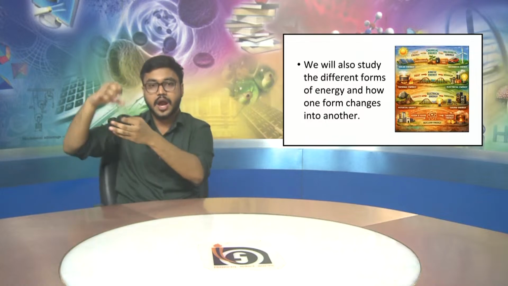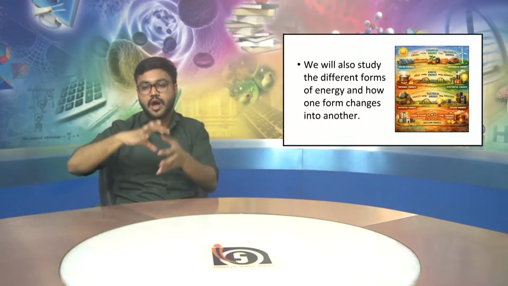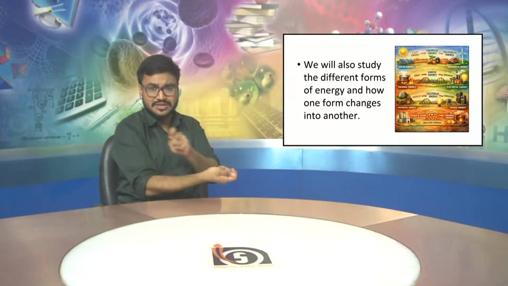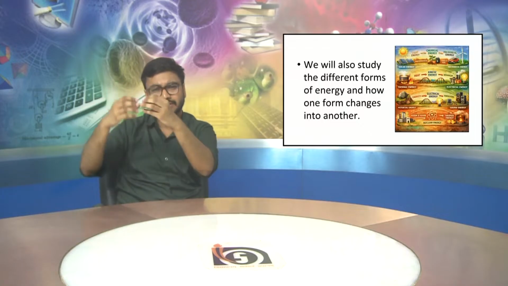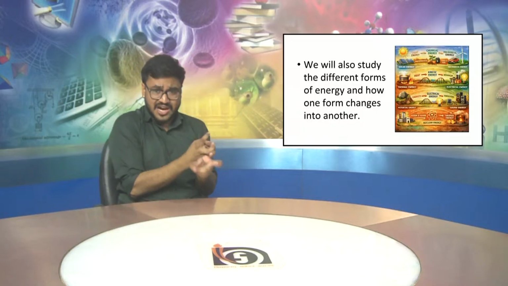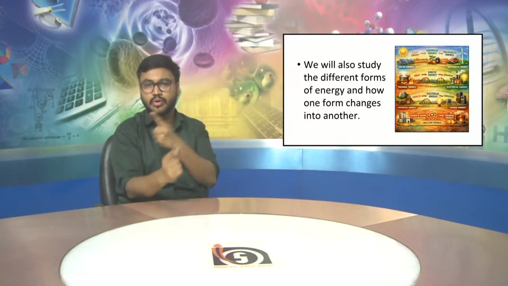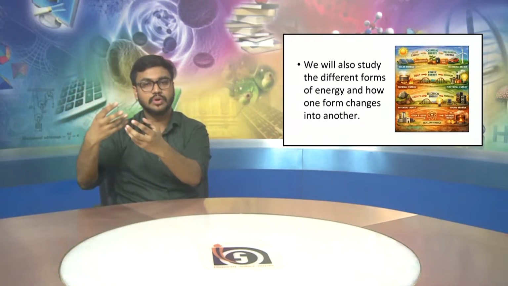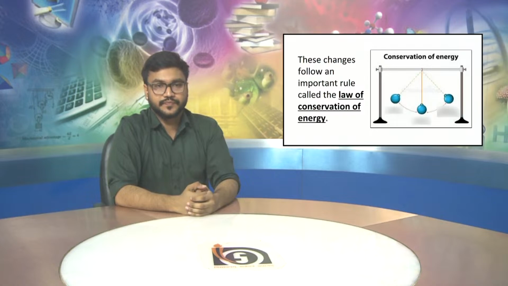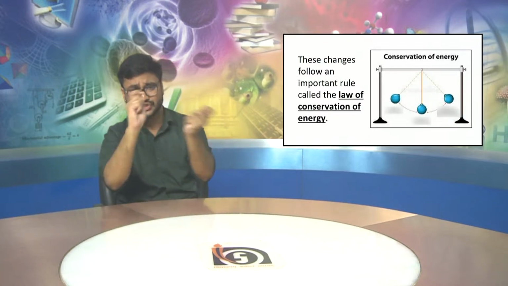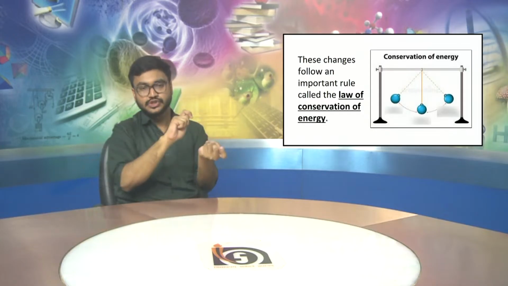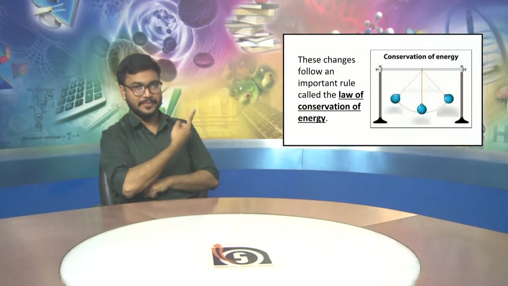For example, there is a solar panel which absorbs the light energy and produces chemical energy, through which we get the mechanical energy. In short, we can say solar energy changes into mechanical energy. Same as thermal energy changes into electrical energy, etc. These changes follow an important rule called the law of conservation of energy.